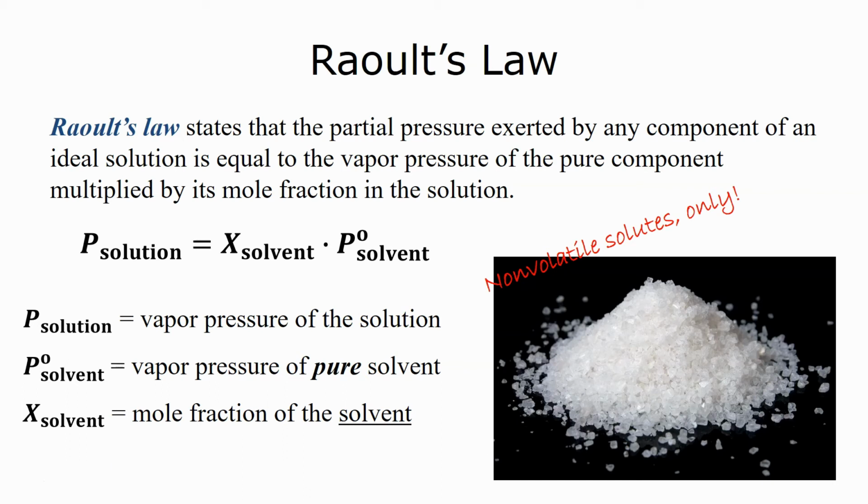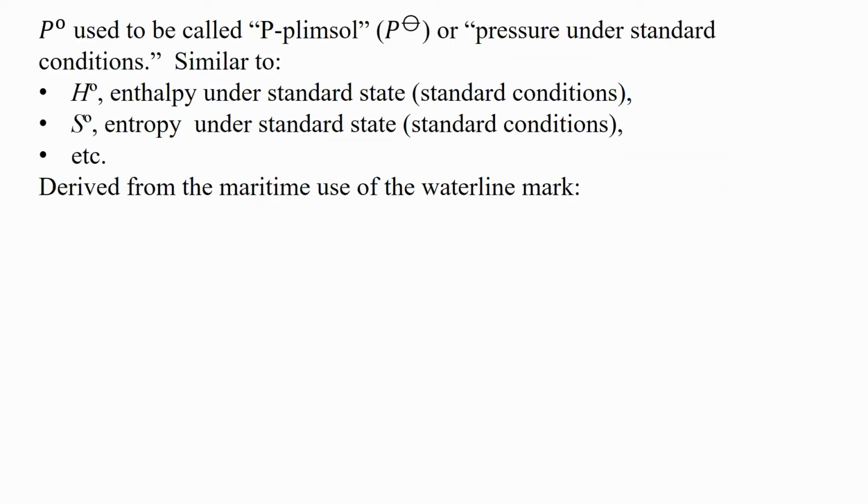Now, this little degree sign next to the vapor pressure of the pure solvent actually used to be called P plimsoll, and it used to have a line through it. This used to be called pressure under standard conditions, which is pretty much what we're talking about: pressure under standard conditions or pure solvent. It might be similar to something that you've seen before, such as the enthalpy degree sign, which is the enthalpy under standard conditions, or entropy under standard state.